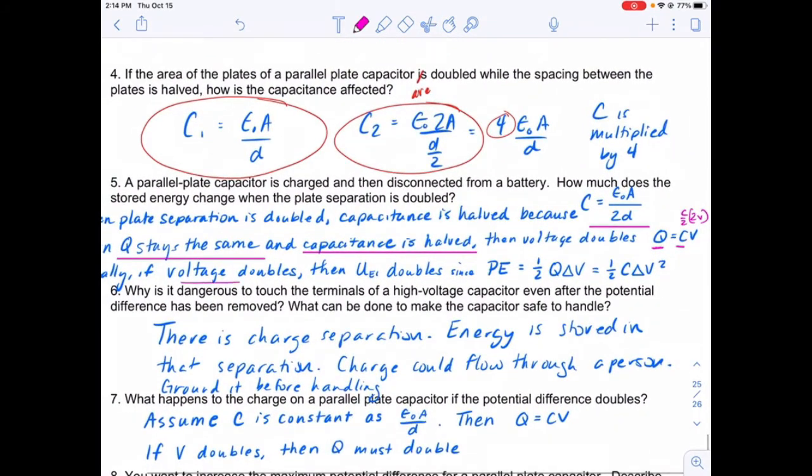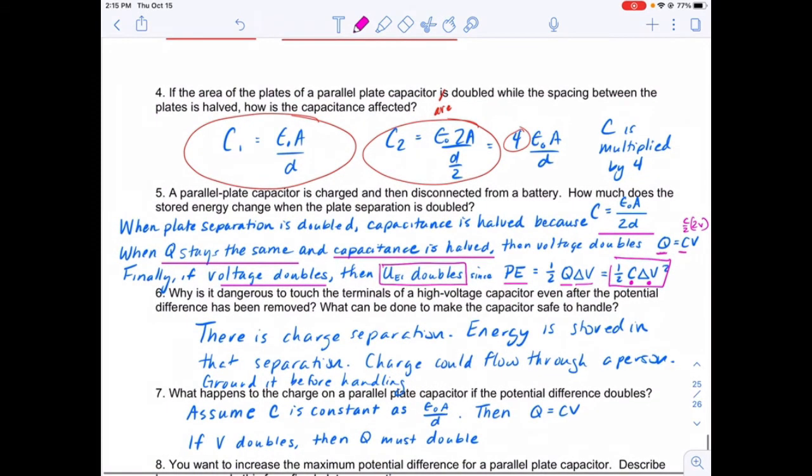And finally, if the voltage doubles, then the electric potential energy doubles, since the potential energy is equal to 1/2 Q, which is constant, times delta V. And again, we saw that delta V doubles. One thing also to notice here is that the capacitance did go down, but the voltage went up, and the voltage is squared in this version of the equation. So we still see that the electrical potential energy is doubled when we double the plate separation.